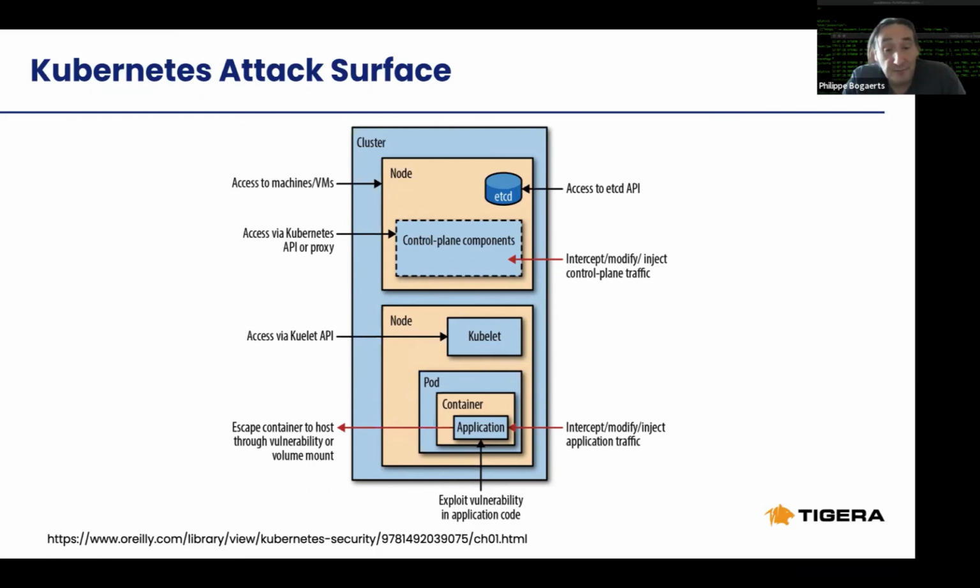Very often, this is not the case, and these kubelet nodes are also very often accessible across the internet. So a lot of points to look at, and this is only from a networking perspective. Last but not least, on top of our nodes, we're going to run pods and containers and applications.